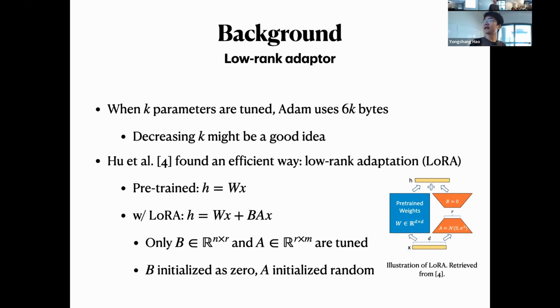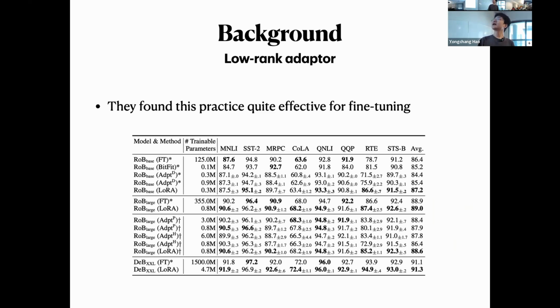To solve that, they initialize A with a random initialization with Gaussian distribution. So this is the original LoRA practice. Basically, there's an additional low-rank patch added to the original full matrix. And according to their paper, such a practice is quite effective on fine-tuning models.